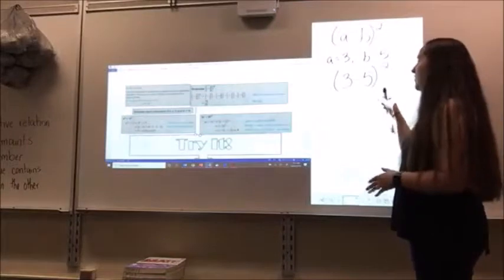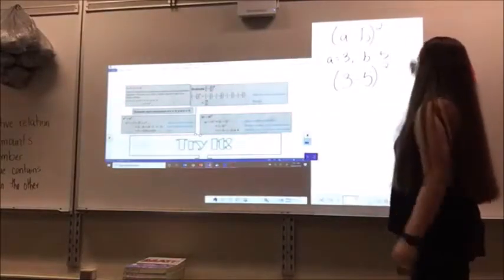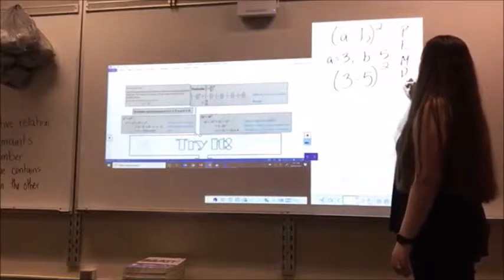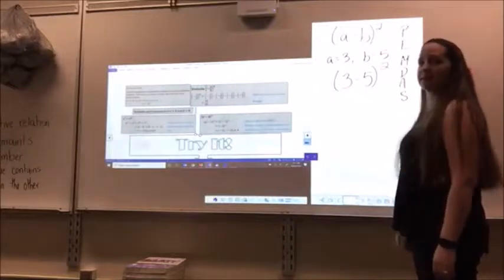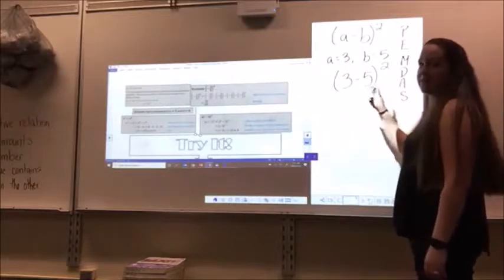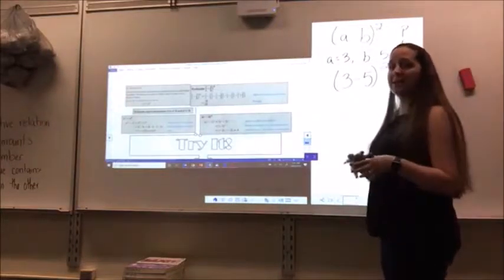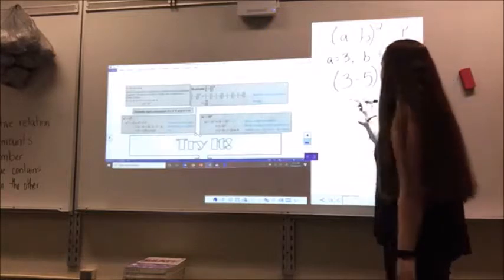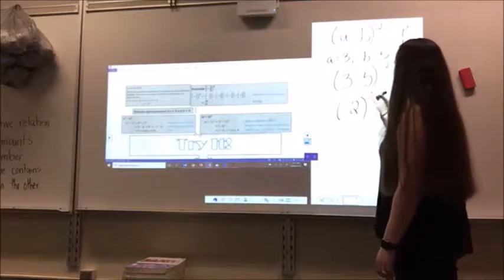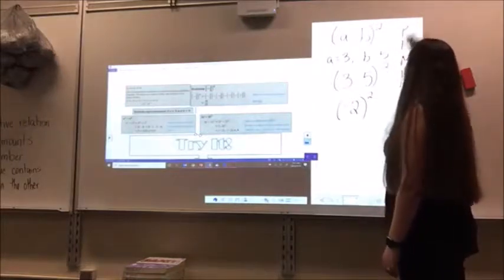3 minus 5, you're going to do whatever's inside the parentheses first. Remember, please excuse my dear Aunt Sally, or PEMDAS. Parentheses is first. So I have a set of parentheses, so I need to do the operation inside them first. 3 minus 5 gives me negative 2. So parentheses is done.